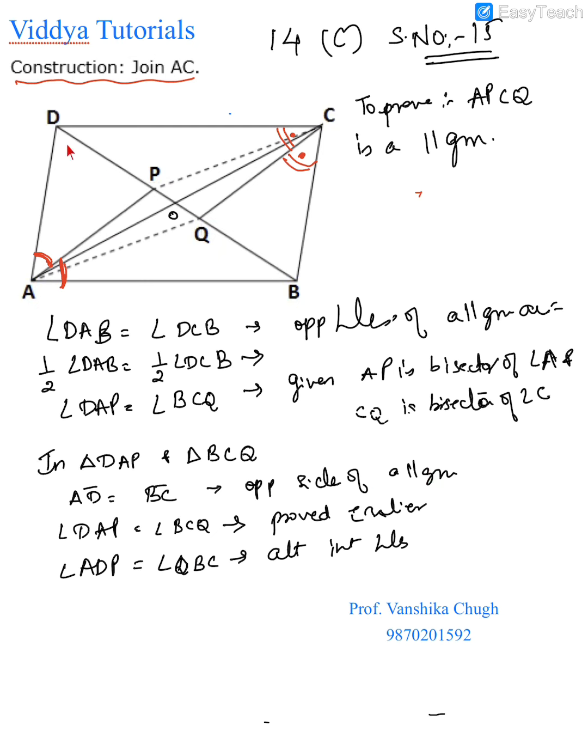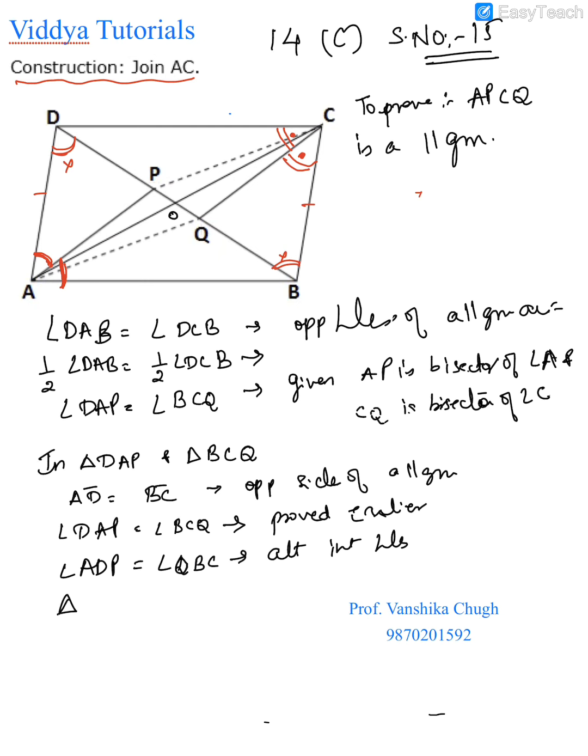And my third condition is the alternate angle. So I can write that this angle is equal to this angle as they are alternate interior angles. So I have written angle ADP is equal to angle QBC, alternate interior angles. So both my angles are congruent, triangles are congruent by which test? They are congruent by ASA test.